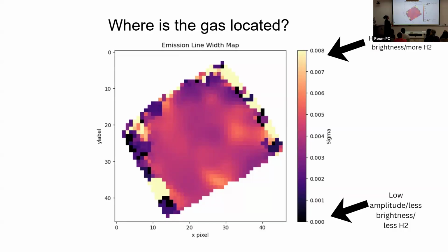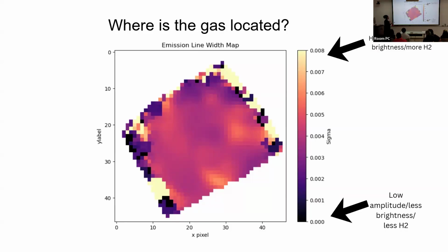As you can see along the edges, the H2 is the brightest, and it goes on a scale from 0 to 0.008. This scale was determined by me and my mentors. Again, the X and the Y axis is just the 47 by the 47.